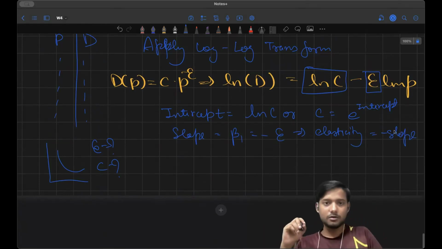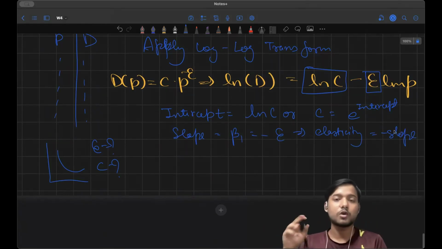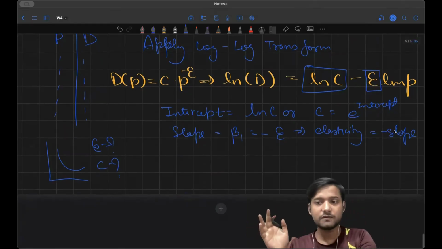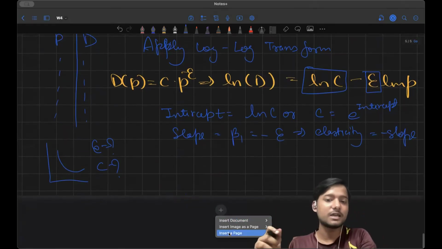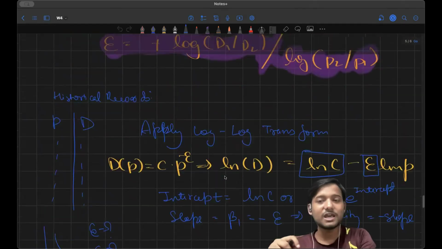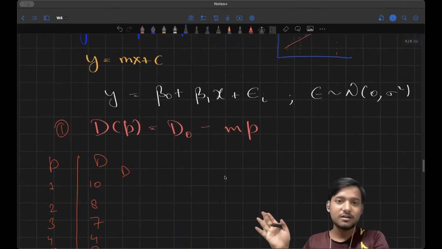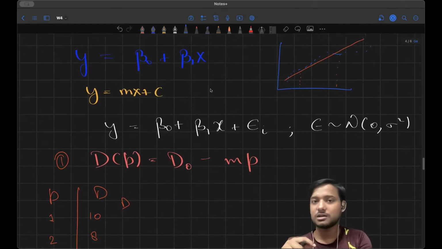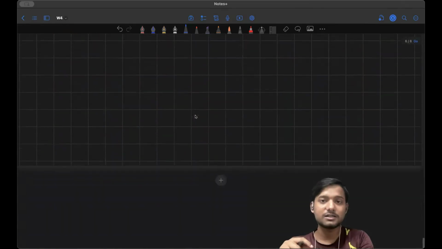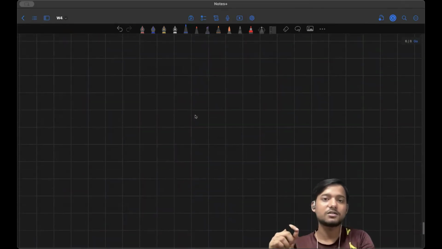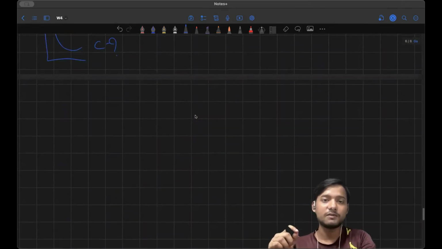This is how we convert our constant elasticity demand response curve into something we can estimate. Why? Because we have access to linear regression. If there is some sort of linear trend, I can capture it using linear regression. But when we come into the domain of constant elasticity, we do not have the same privilege.